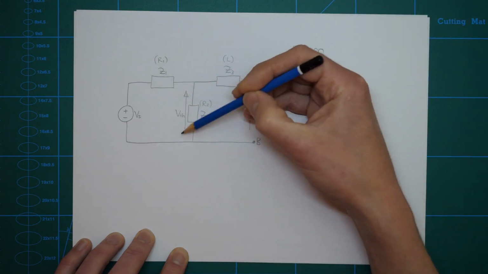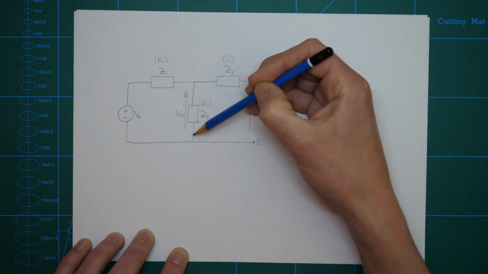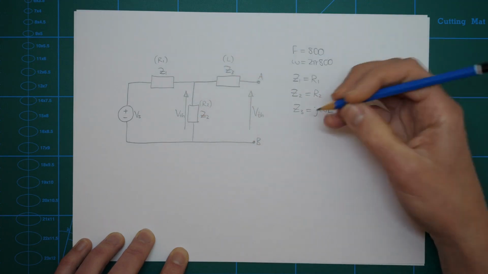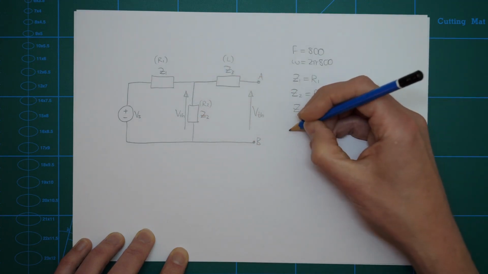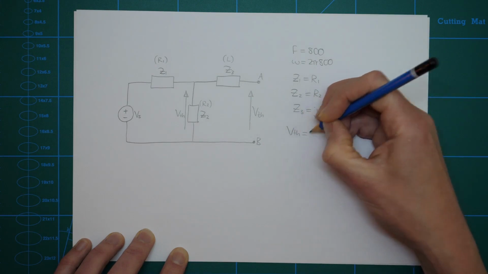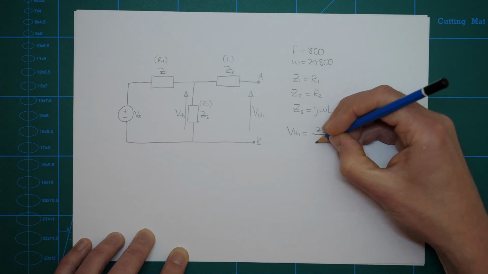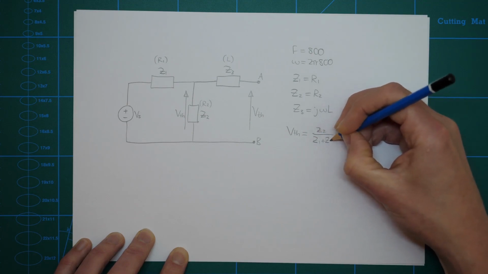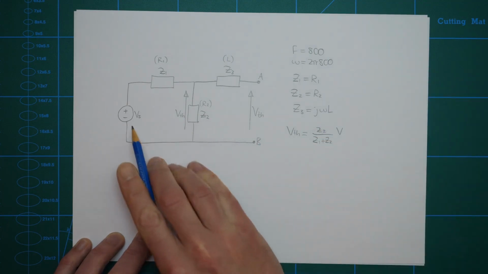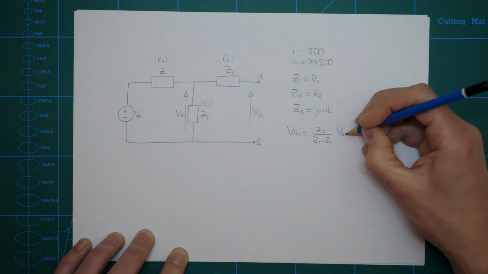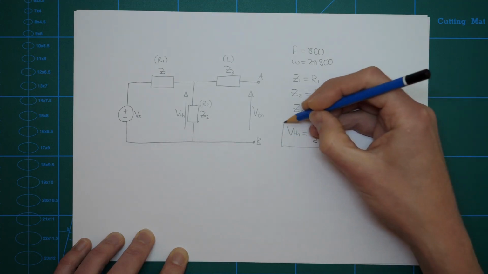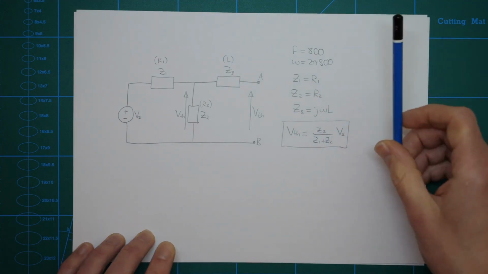So this is VTH here. So it's sufficient for us to calculate the voltage across Z2. Now that makes our job very easy here, because we can say VTH is equal to, just applying voltage division, Z2 over Z1 plus Z2 times our source voltage here, Vs. That's going to give us our Thevenin voltage, which is what we're looking for.